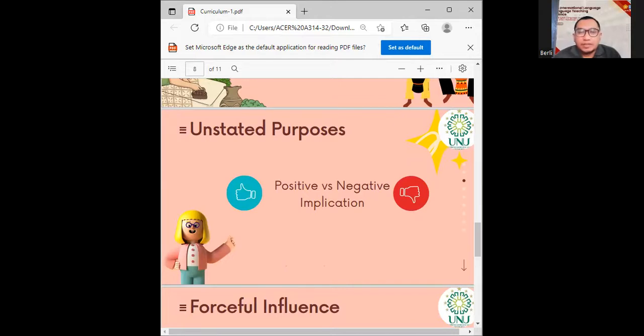Some students, especially disadvantaged students, can be disadvantaged in terms of economy, and the second is disadvantage in terms of physical disability. Most schools are not equipped to support students with disabilities to get the same, equal access to learn English education.